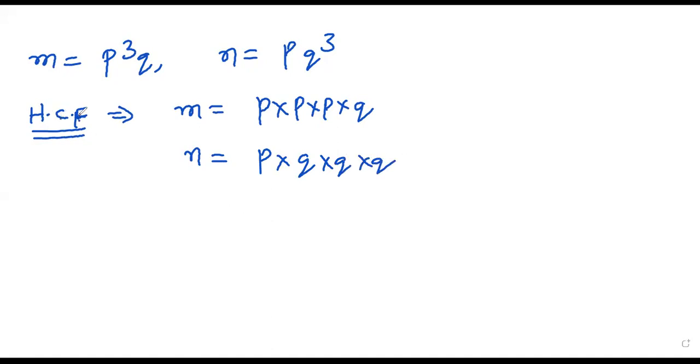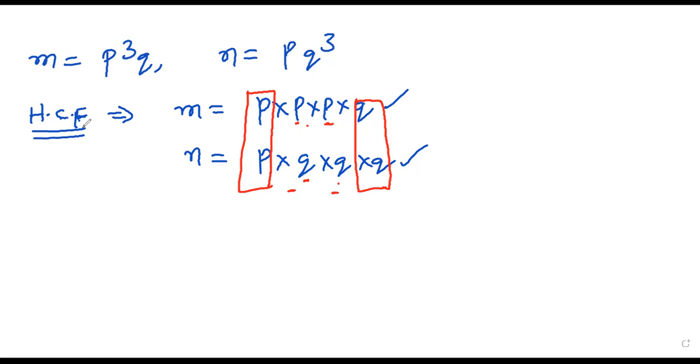Highest common factor means the terms that are present in both numbers. So p is present in both m and n, and q is also present in both. The other p's and q's don't have any pair.